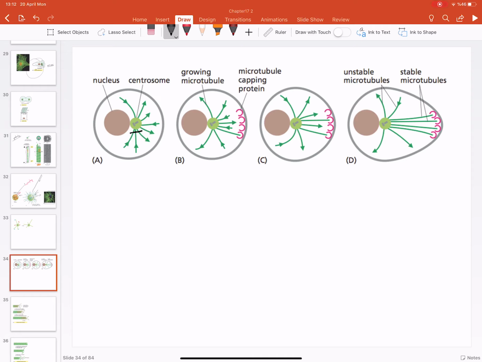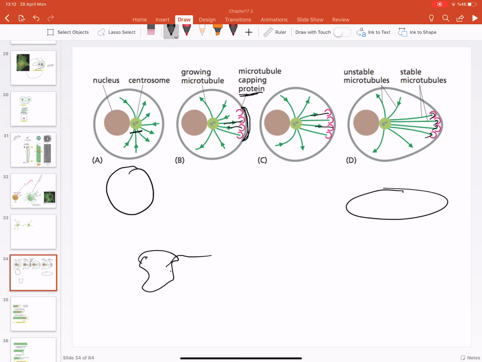There are some microtubule capping proteins which are localized just beneath the plasma membrane. As these microtubules grow, they attach here and stabilize, they don't shrink, they continue growing. Because they continue growing, they become stable microtubules. And this way, the cell changes shape from round to an elongated cell. Now, imagine a developing neuron.